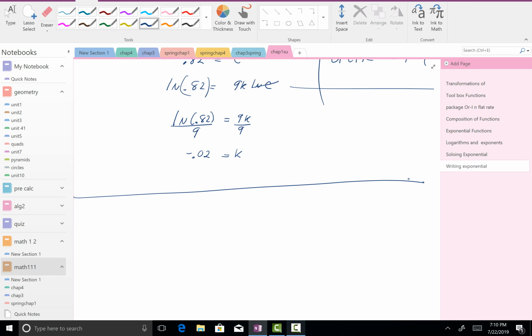All right, so I'm going to push setup and go back to that. What about the R? What do you think that represents? Either the factor or the rate. It's right, it's the rate.